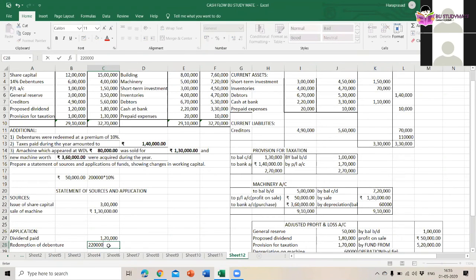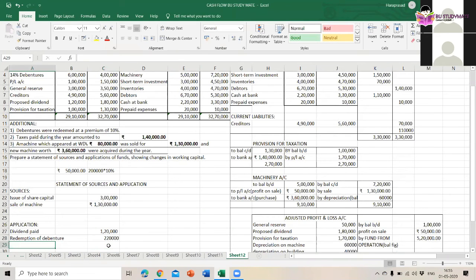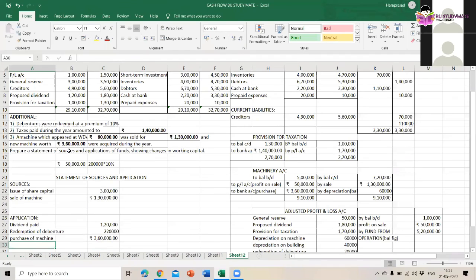Okay, then anything else? We have purchased a machine worth rupees 3,60,000. So we'll add down here. Purchase of machine 3,60,000. Then any fund going out is we have paid tax.